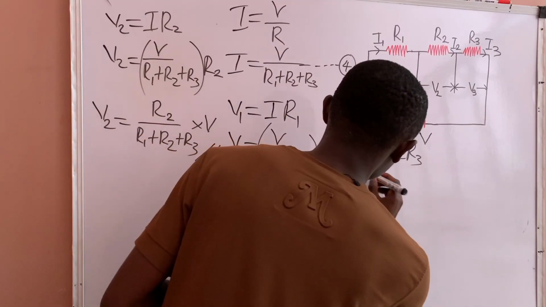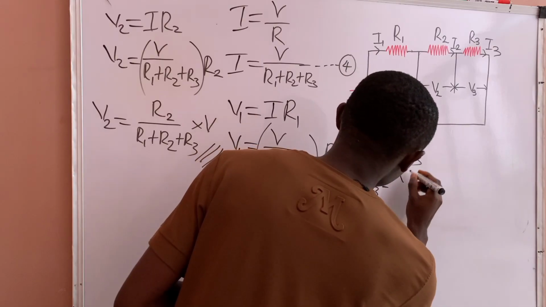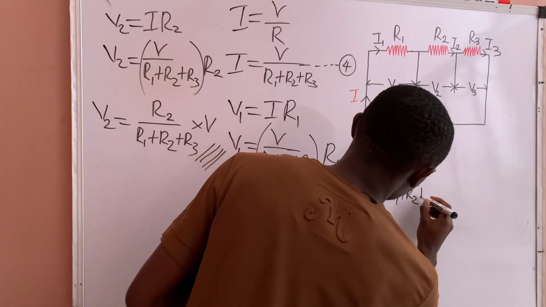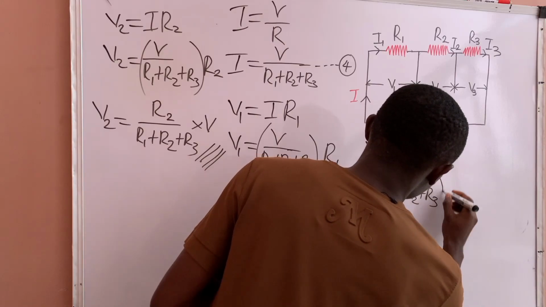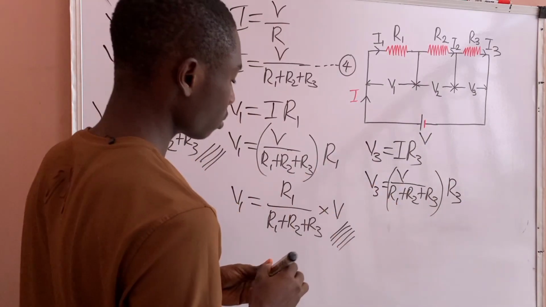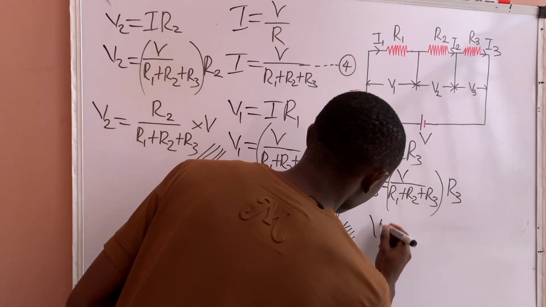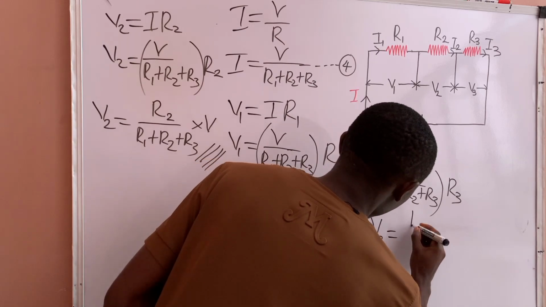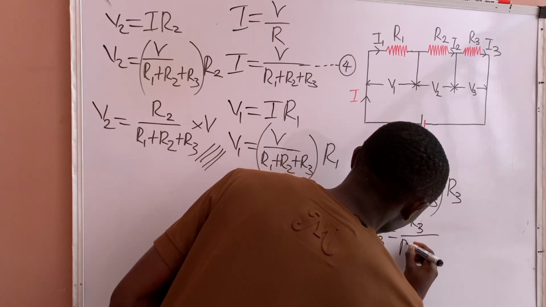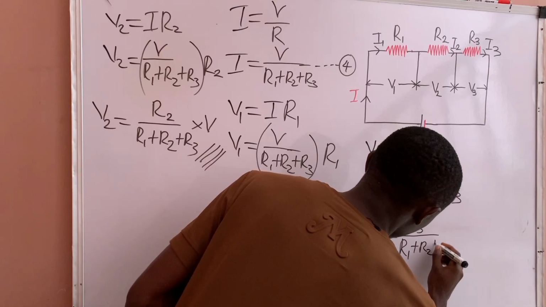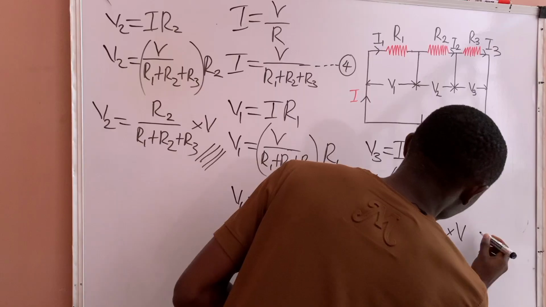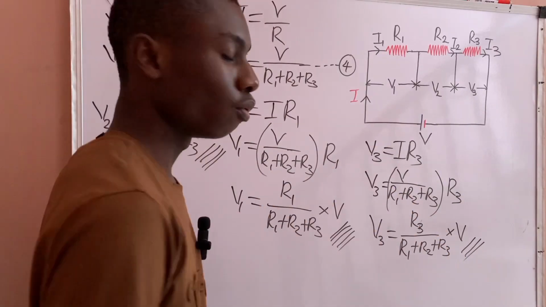Therefore, V3 will equal V over R1 plus R2 plus R3, all in bracket, multiplied by R3. This is the same as V3 equals R3 divided by R1 plus R2 plus R3, multiplied by V. This is the third voltage divider rule formula.